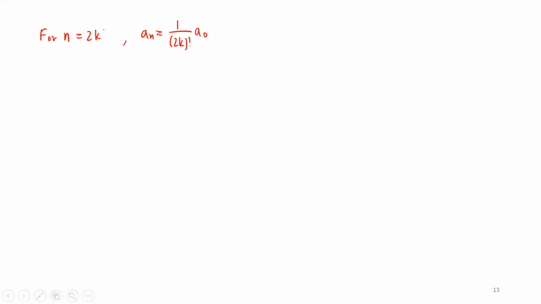And on the other hand, for the odd, n equals 2k plus 1, I have a_n equals 1 divided by (2k+1) factorial times a1.